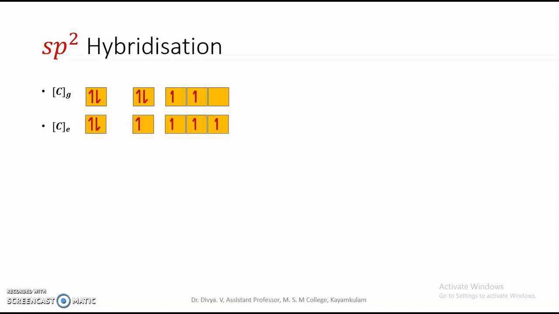During sp2 hybridization, one s and two 2p orbitals hybridize, and this is the condition, and these 3 are the sp2 hybrid orbitals.